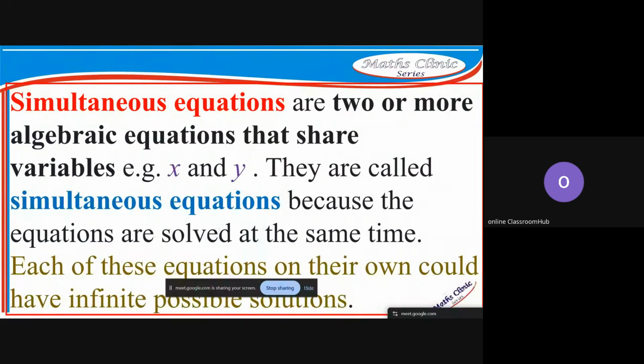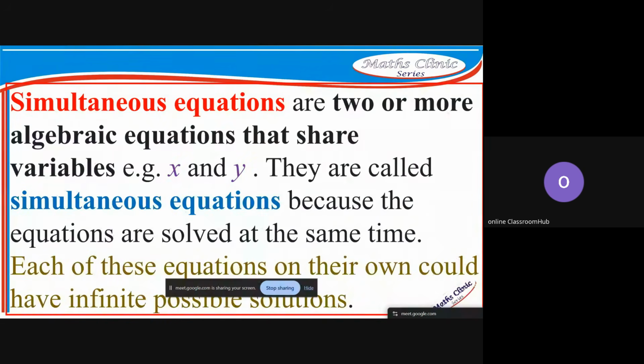So one thing is that the equations must be two or more. For equations to be simultaneous, they should have the same variables. And also they are solved at the same time. Now, the goal is to find values of the variables that satisfy all the equations together. When you put those values into any of the equations, it will satisfy it.